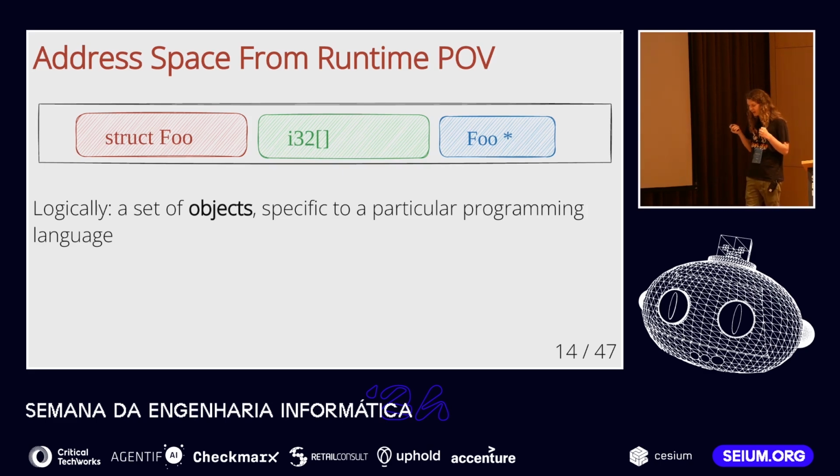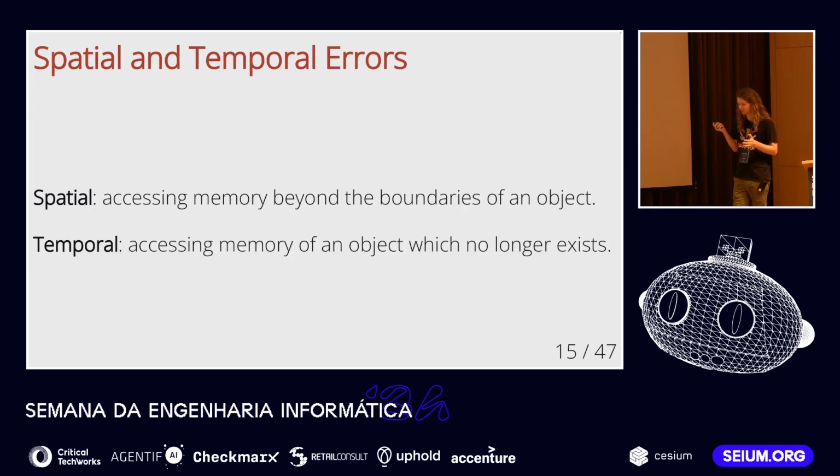Memory safety issues happen when this logical picture of what should be in the memory gets desynchronized somehow from the physical reality of what the memory stores at this point. You could roughly classify most memory safety issues into spatial and temporal.